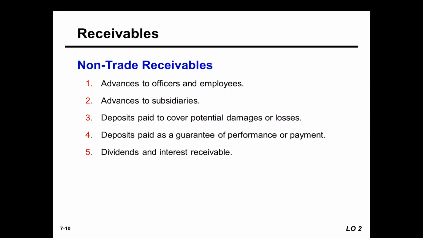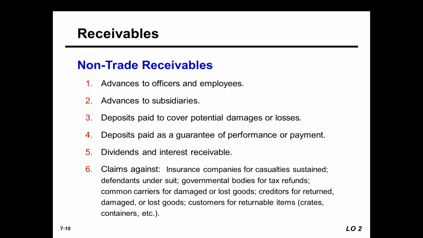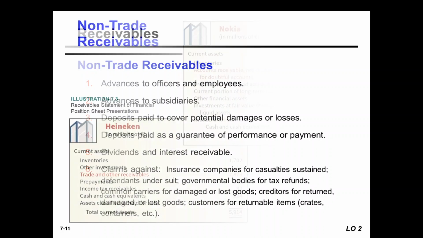And also dividends and interest receivable, and also some claims against insurance companies, defendants under suit, for example, governmental bodies for tax refund, and so on. So those non-trade receivables are receivables that are not related to operating activities of the company, or not related to trading.